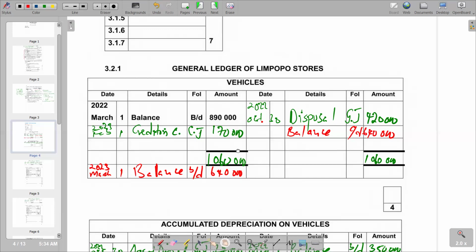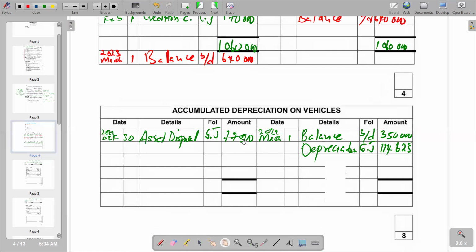We can go to the next one, which is the accumulated depreciation for the vehicles. On this one, we see that the credit side has a greater total. If you add 350,000 plus 140,625, you get 464,625, which is going to come on both sides.